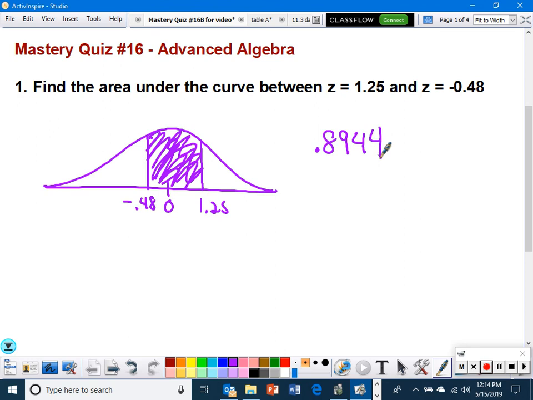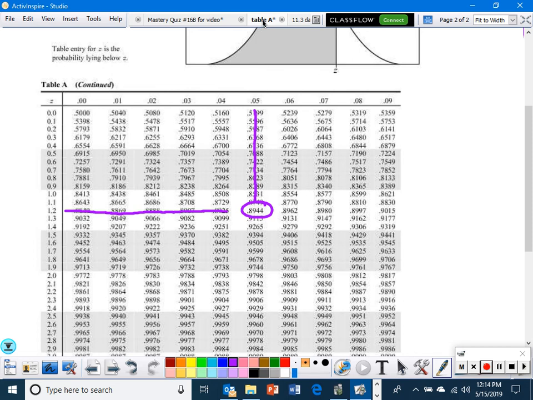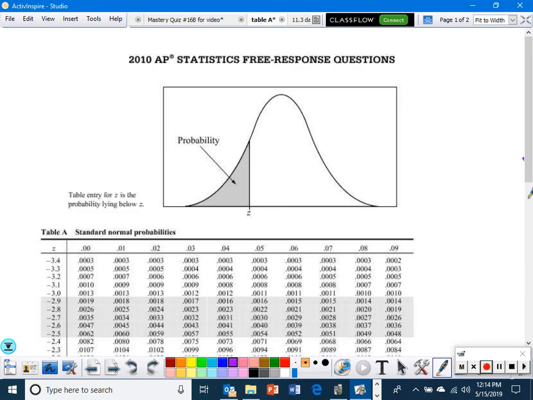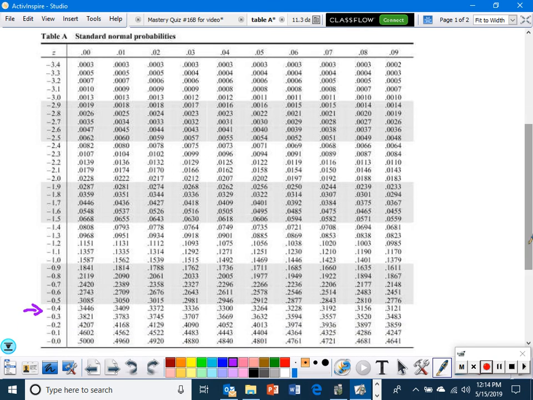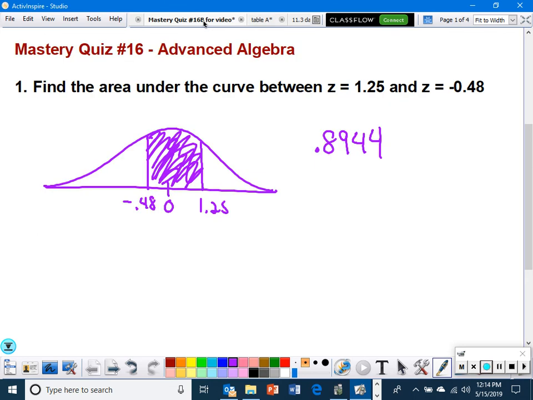Now look up the smaller z-score, negative 0.48. So negative 0.48. It looks like 0.3156.